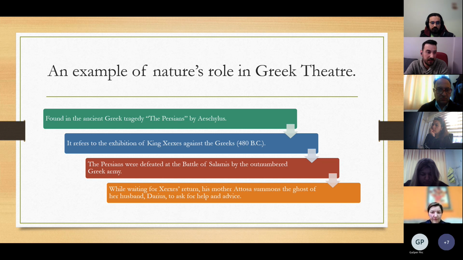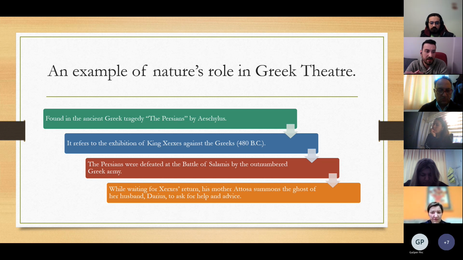This example can be found in the ancient Greek tragedy The Persians, by Aeschylus. It refers to the expedition of King Xerxes against the Greeks, back in 480 before Christ.